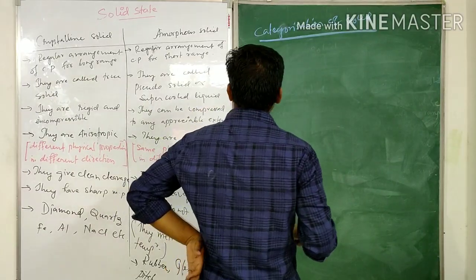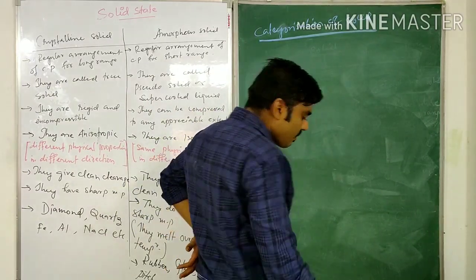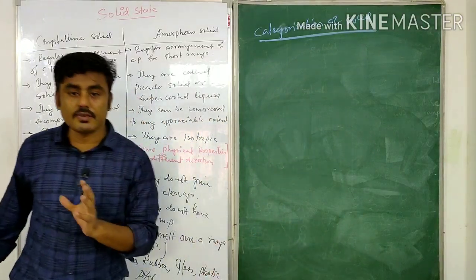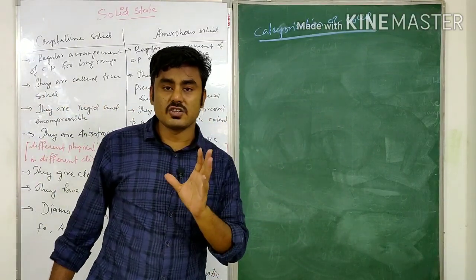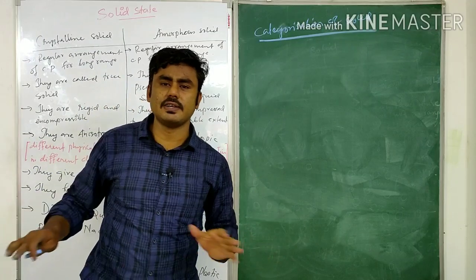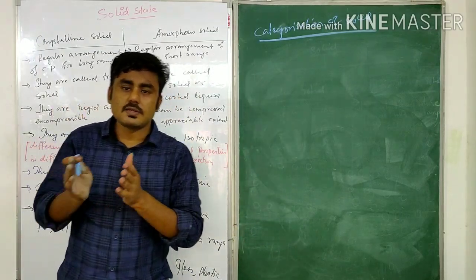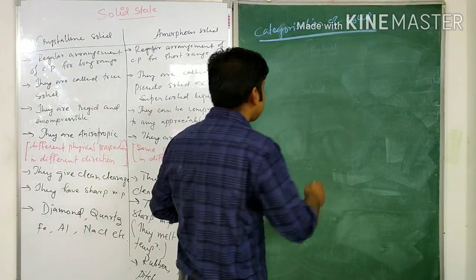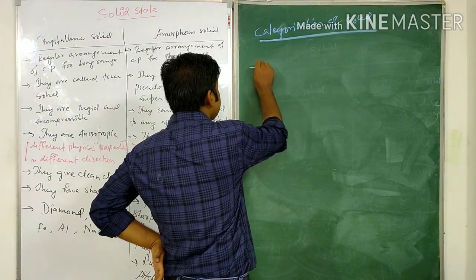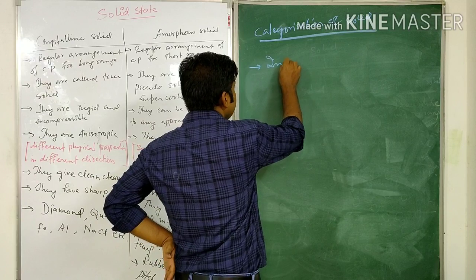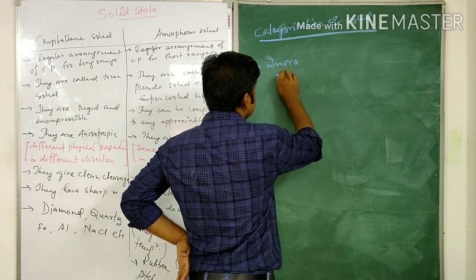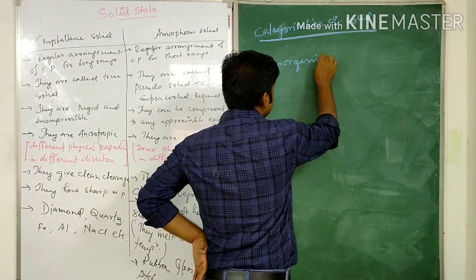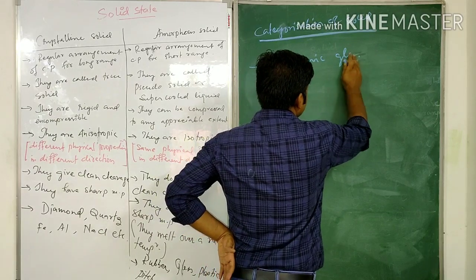Uses of amorphous solids. So amorphous solids like your rubber, plastics, glass, they find many uses in our day-to-day life because of their specific properties. So I will give some examples. Number 1, inorganic glass.